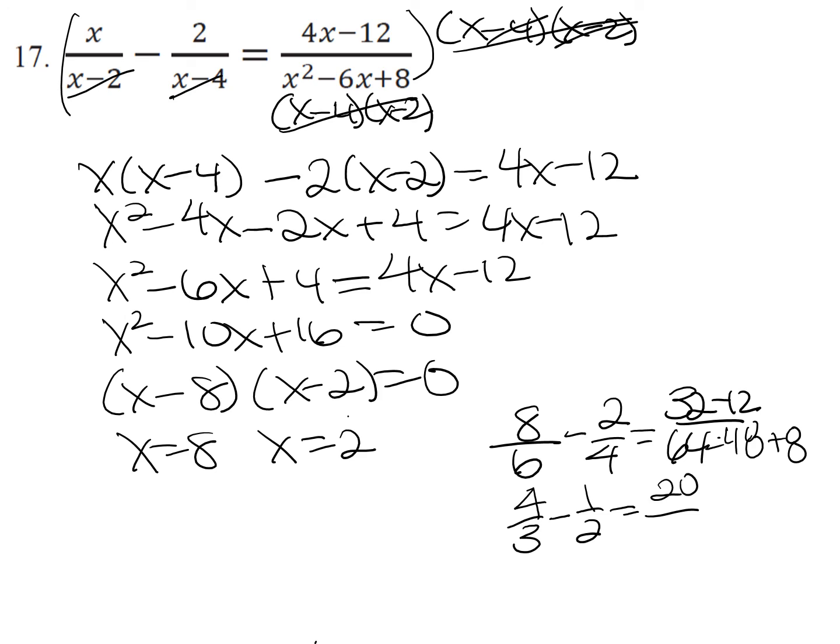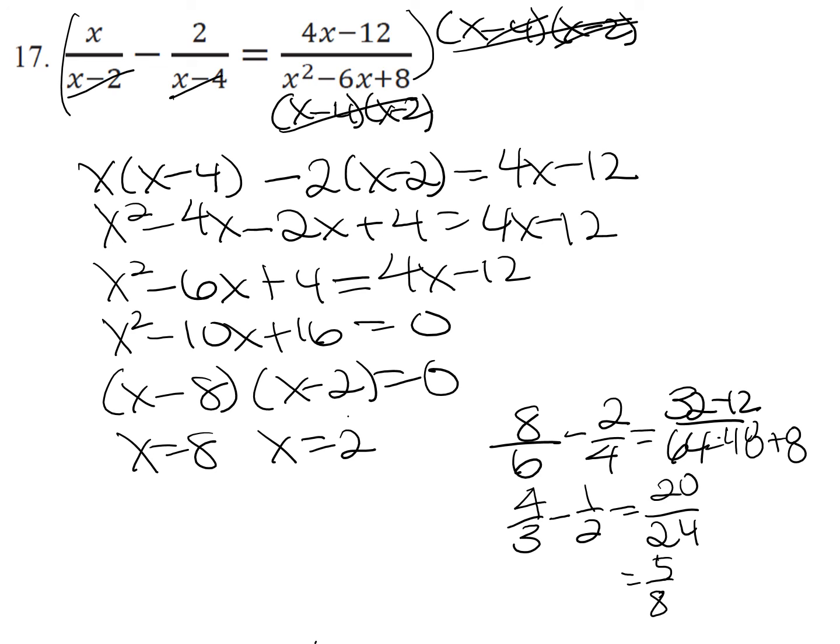Okay. And then 16 plus 8 would be 24. Okay, and so then I'm going to divide by 4, so that'd be 5 over 8. Okay. Then here, I don't know, is that right?